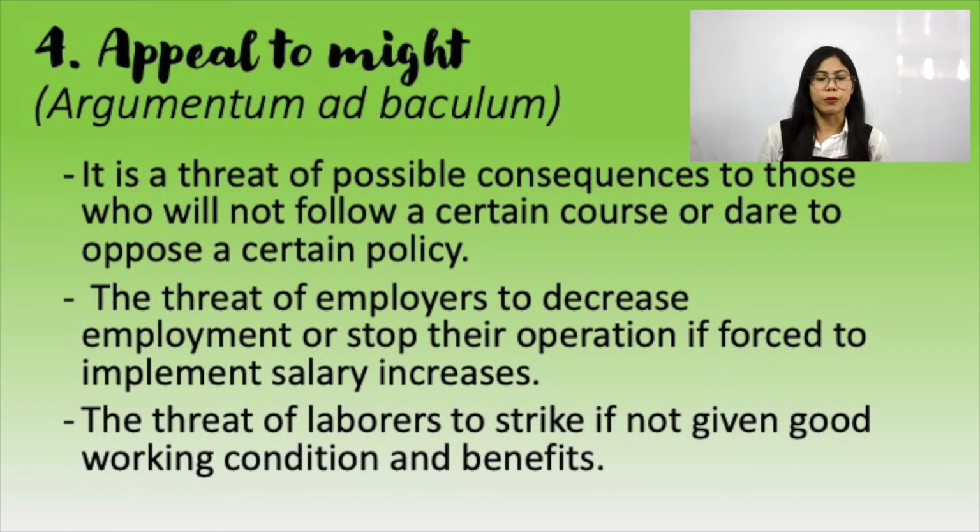Another example: the threat of laborers to strike if not given good working conditions and benefits. What else? Let's say a public official giving in to all the excessive demands of his querida, lest she reveal to the public their illicit affair. So those are appeal to might.